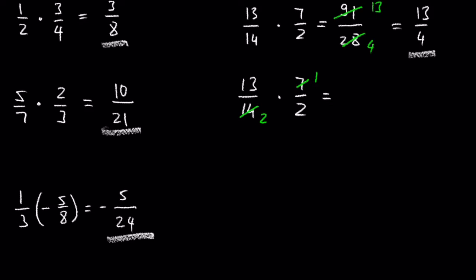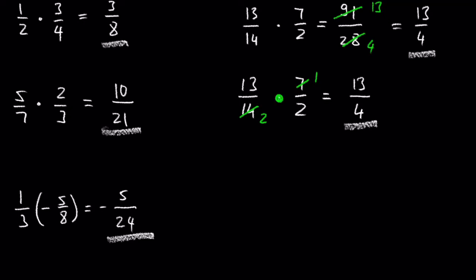So we have 13 times 1 is 13, and 2 times 2 is 4. You see, this was much less complicated than simplifying the result at the end. But be careful, you can never do this when you are adding or subtracting fractions. We can only do this when multiplying fractions.